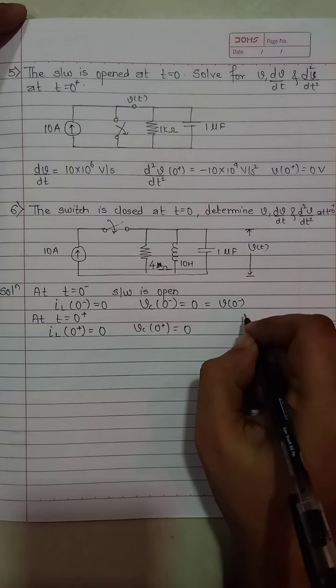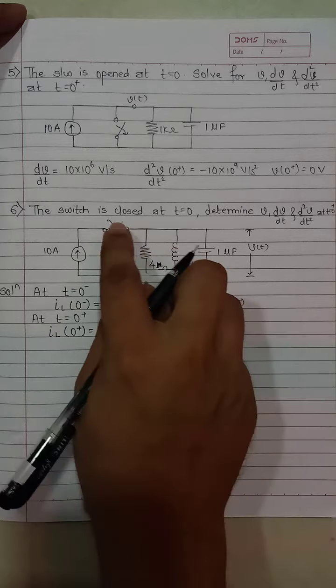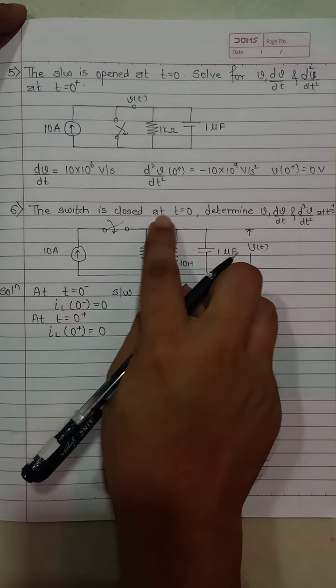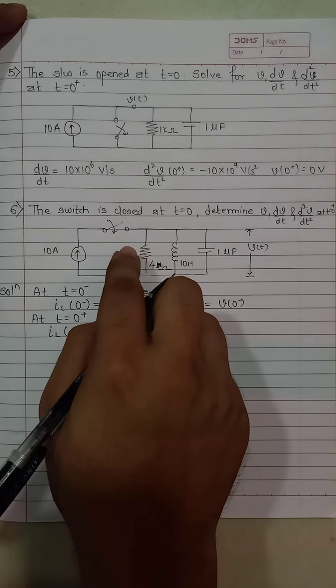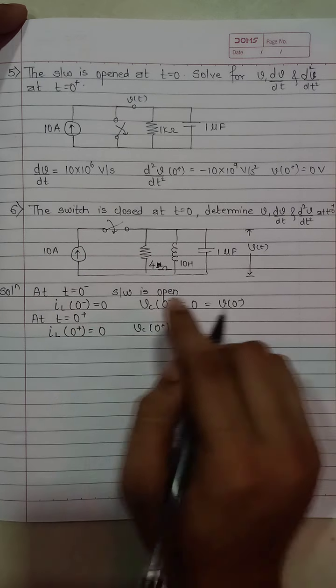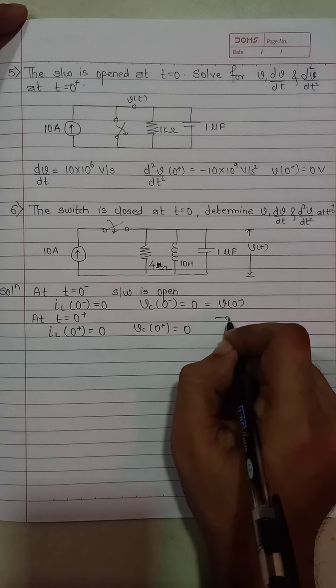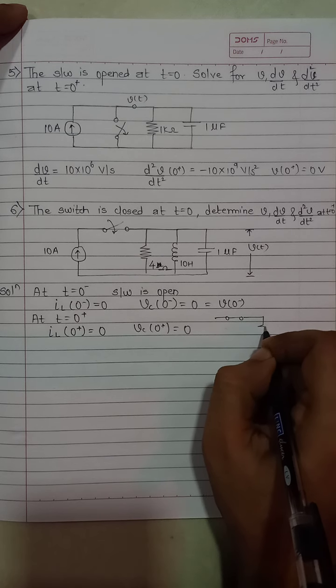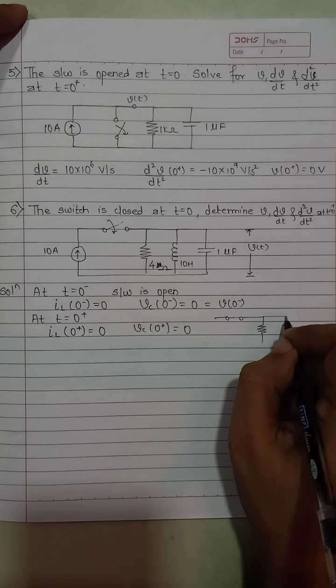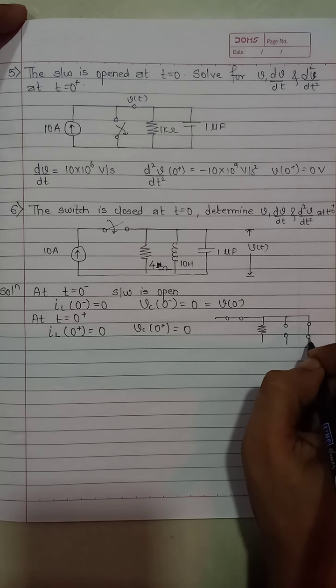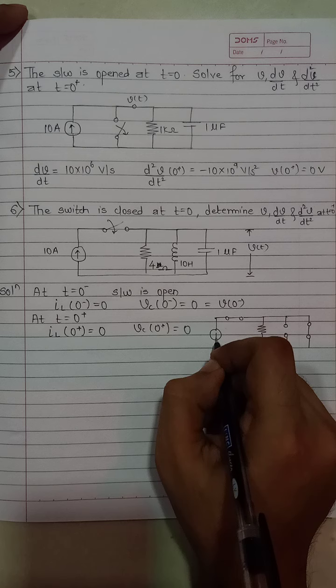And the circuit for this t is equal to 0 minus, the switch is closed at 0, t is equal to 0, this will be open. And when t is equal to 0, that is this instant, the switch is just closed. Since there was no initial current through the inductor, it will be open circuited. Since there was no voltage across capacitor, it will be shorted.